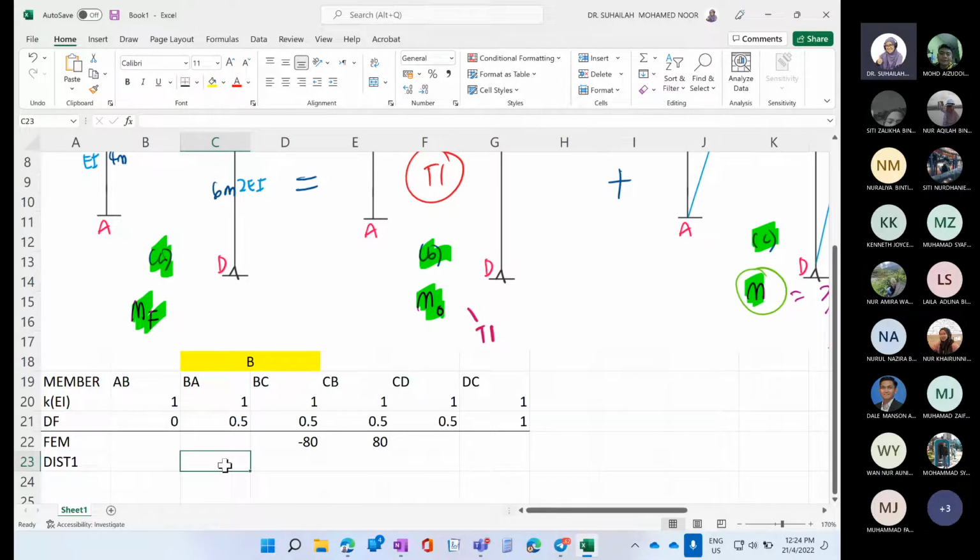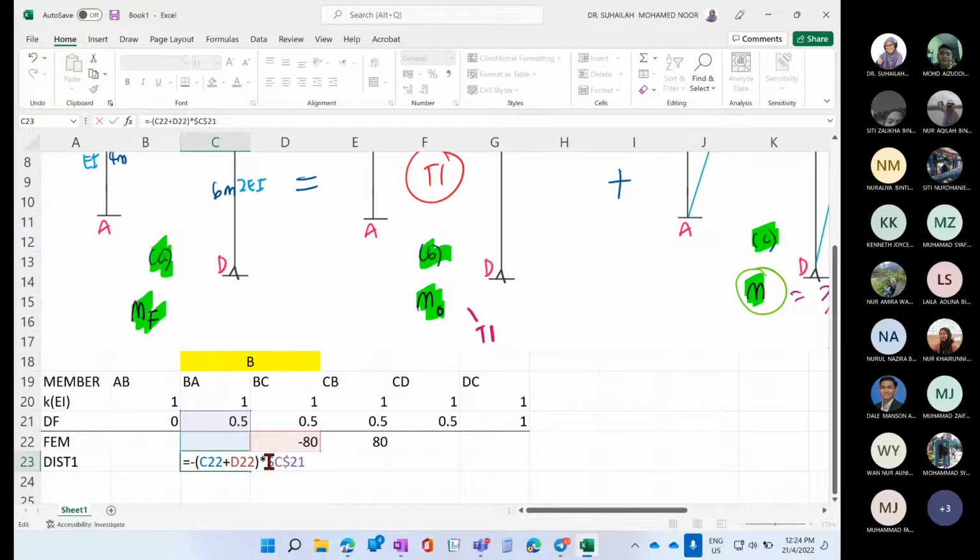The joint moment is this times the factor.